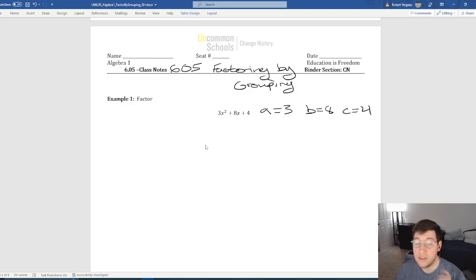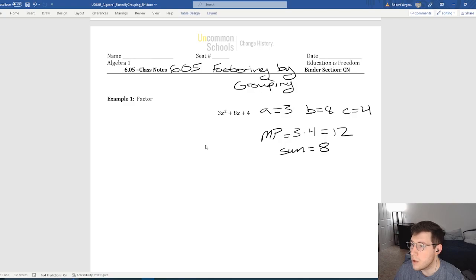And so I'm still going to need to find my master product, but it's slightly more involved, but again, it's just that a isn't 1 anymore. And so my master product is 3 times 4, which is 12, and then my sum is 8. The sum's still the b value. That process hasn't changed in terms of how we actually find these.